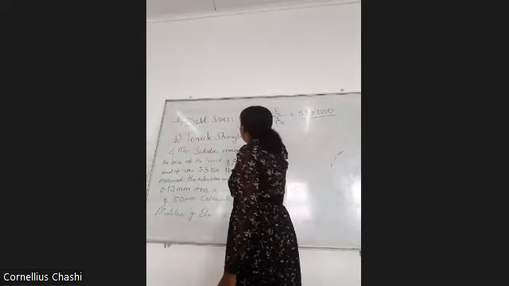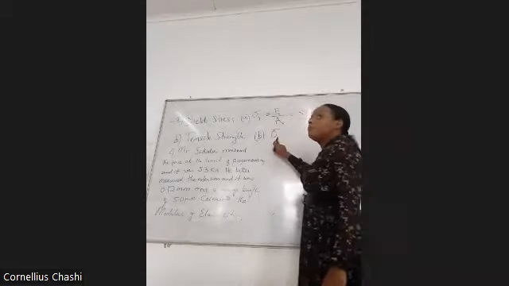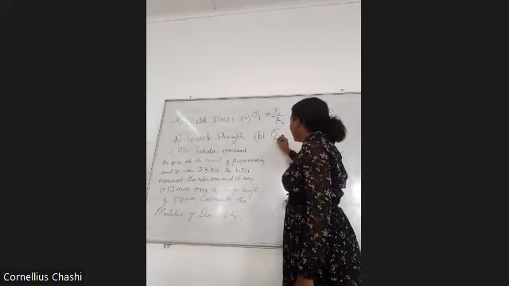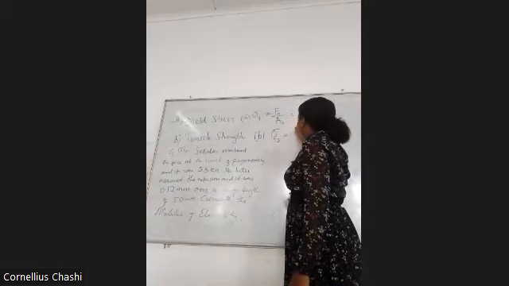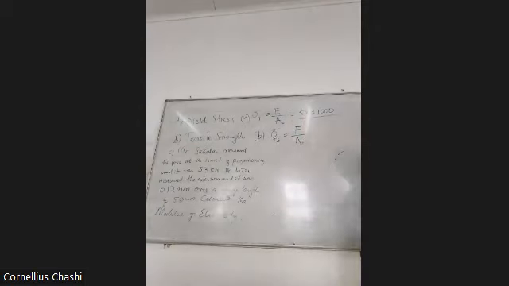So this is A, let's come to B. Sigma, same for all stresses, sigma TS is equal to F over A. So what kind of force are we dealing with?